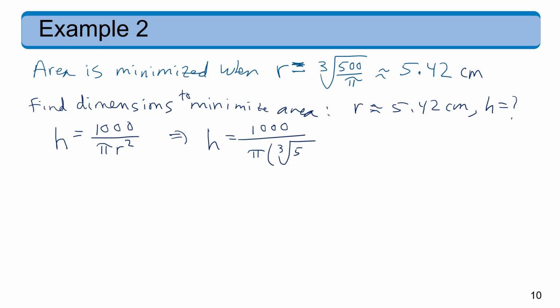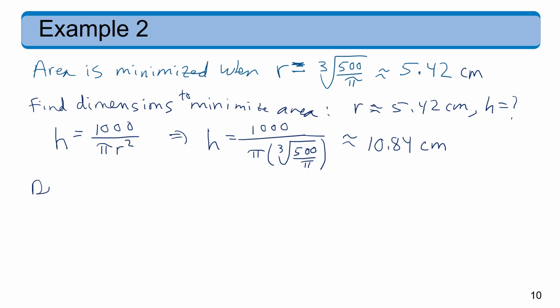Cube root of 500 over pi. You could simplify that if you wanted, but it's pretty messy. You could leave it like that. But for practical use, we'll need to put this in a calculator to get an actual measurement we can use. And that comes to about 10.84. And the units for h was also centimeters.